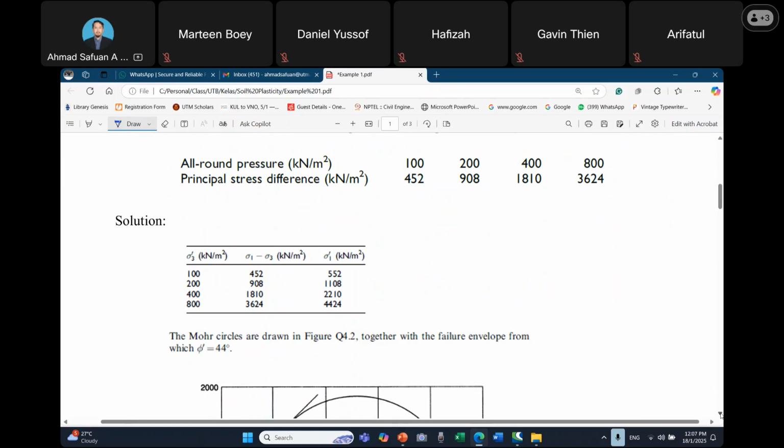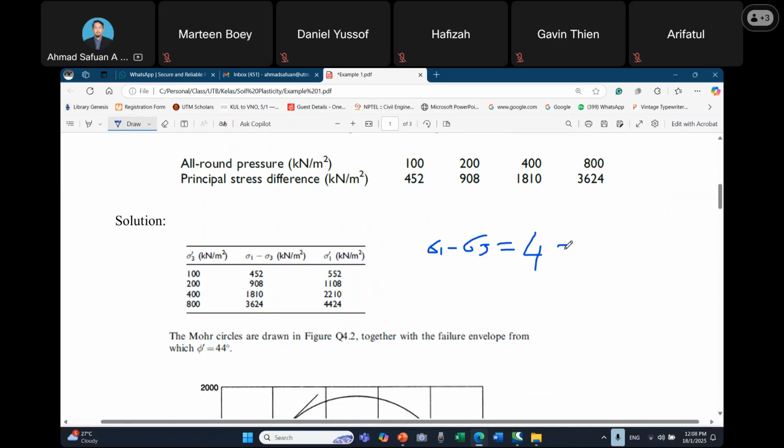The equation for the principal stress difference is sigma 1 minus sigma 3.